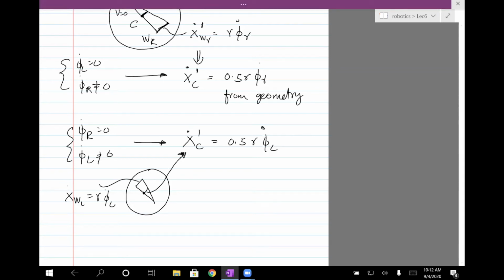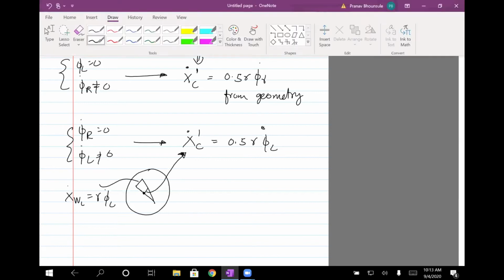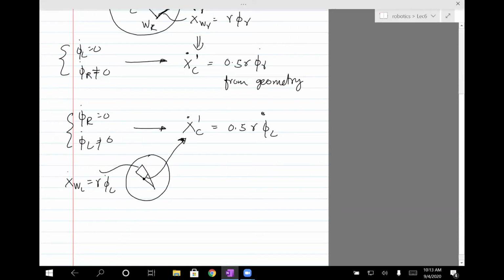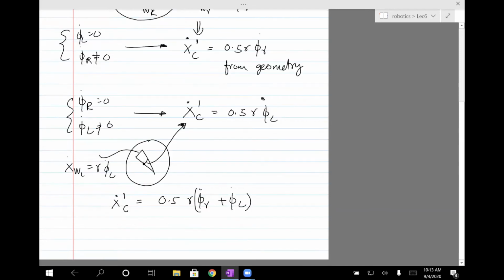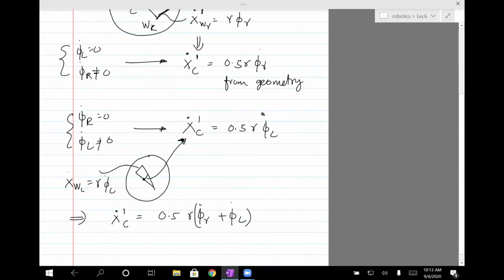If both the wheels are spinning, then x dot C in frame 1 is going to be the sum of the 2 speeds, so phi dot R plus phi dot L. That's the expression for the speed of point C in the x direction in frame 1.